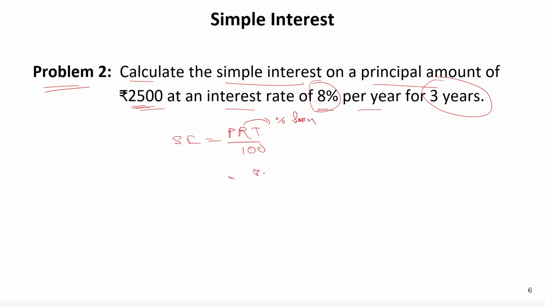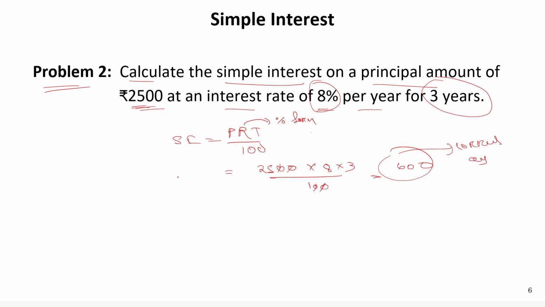The principal amount is 2500 into 8 into 3, the time period is 3 years, divided by 100. You can cancel out 2 zeros from here. So we are left with 600, as 25 into 8 is 200, into 3 is 600. So 600 is the correct answer.